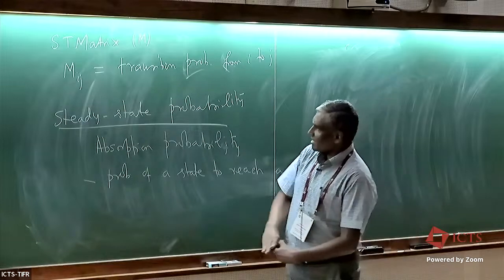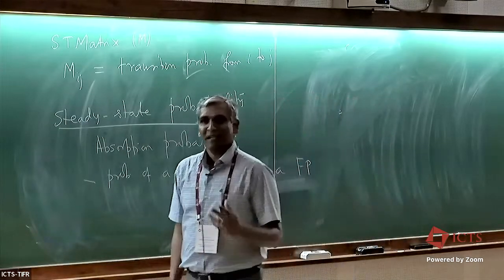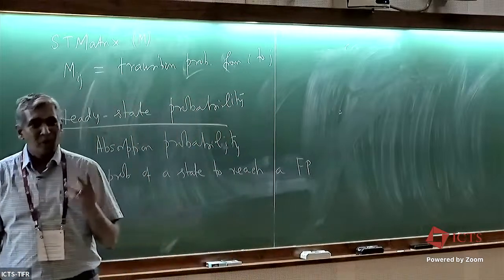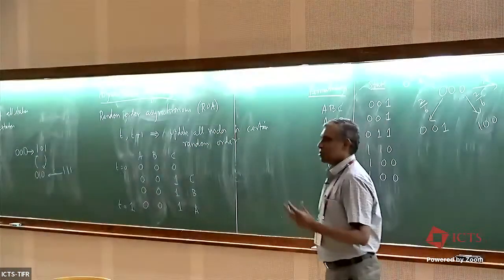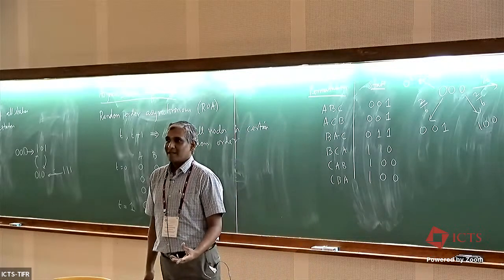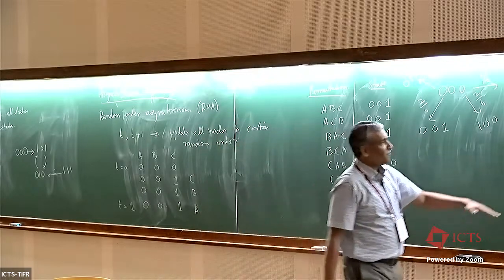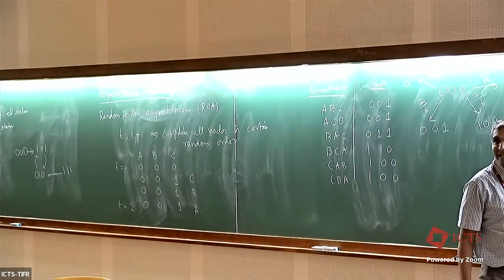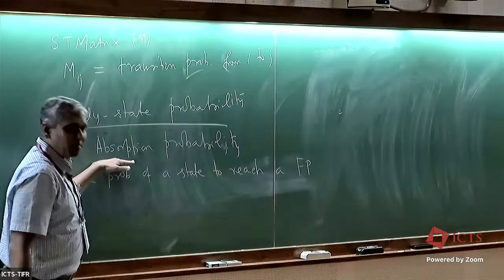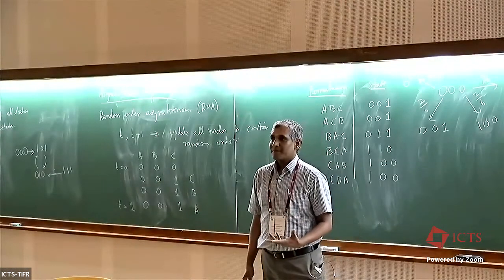And this steady state probability, in real terms, reflects the ability of a population of cells to settle into a given phenotypic response, to attain a specific fixed point. The absorption probability is where the heterogeneity can be captured.